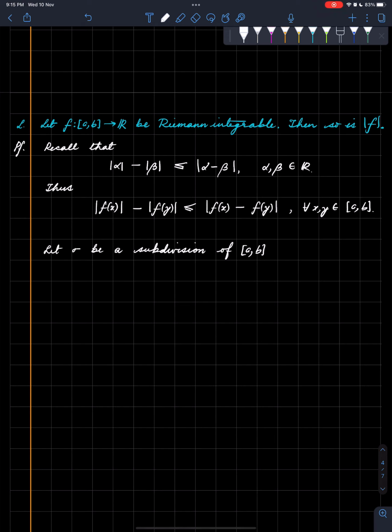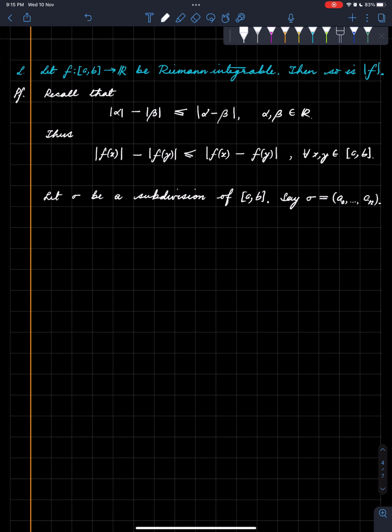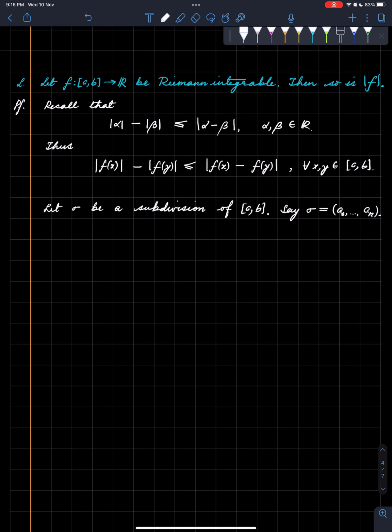And say sigma is, just for concreteness, let us say it is equal to that. All right. So then we have this for all x, y in the ith part of the subdivision. So of course we have this.